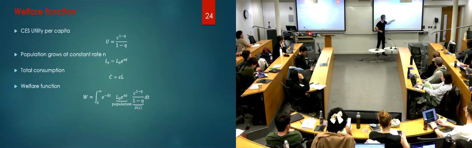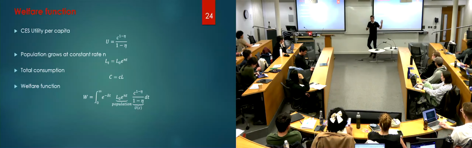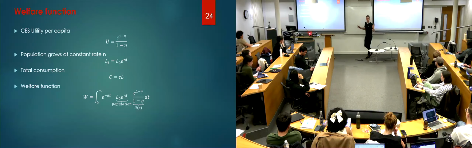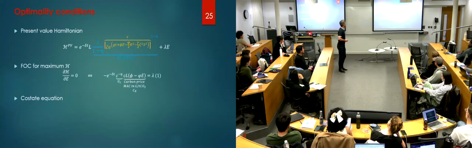So this becomes a positive exponential, and you can't solve that. There is a way to do that, but you get into technicalities. But we're going to assume 1% pure time preference rate and 0.5% population growth, and that would not be a problem.